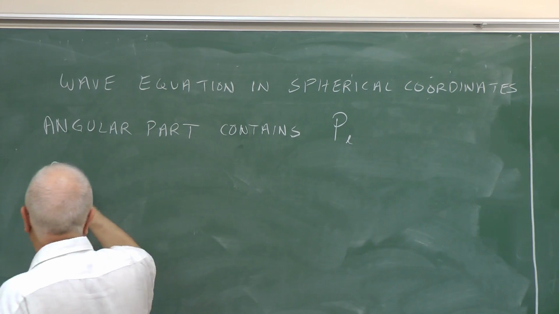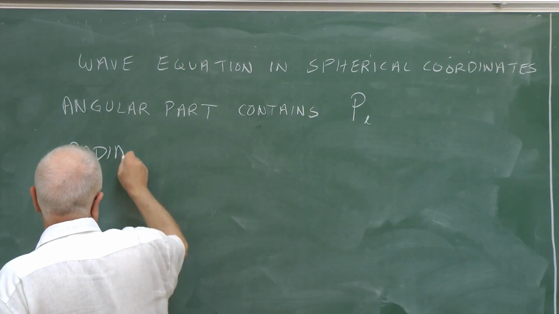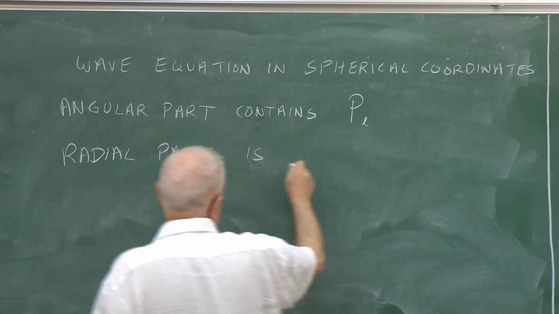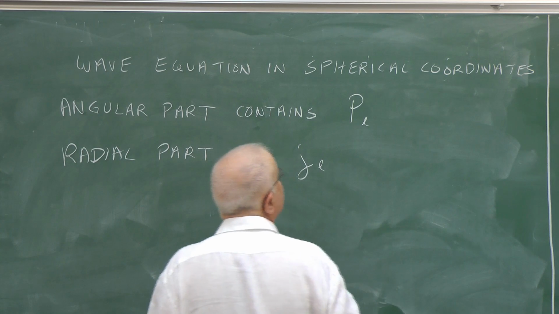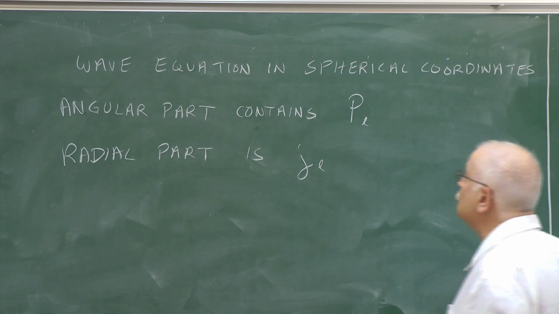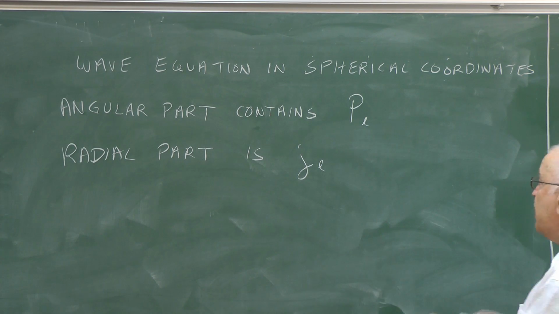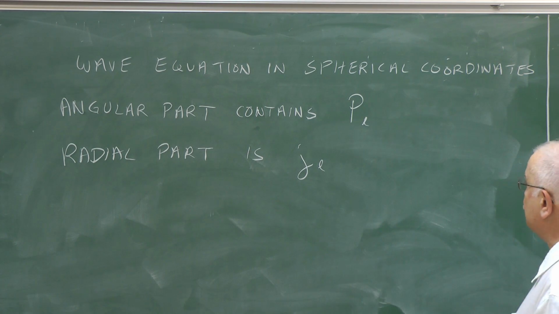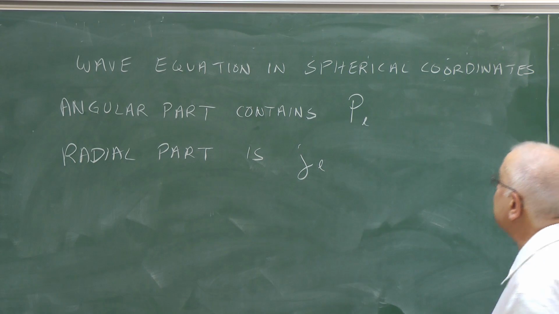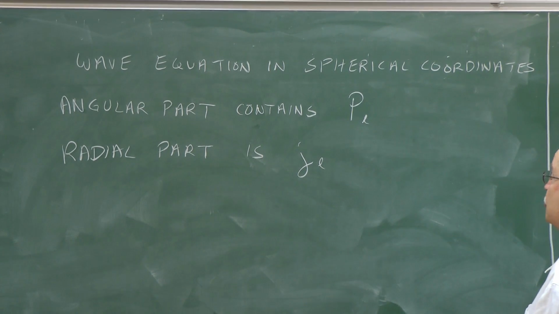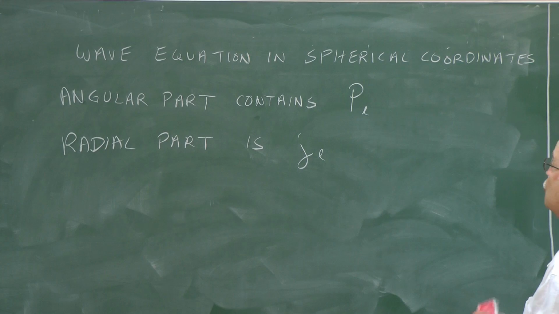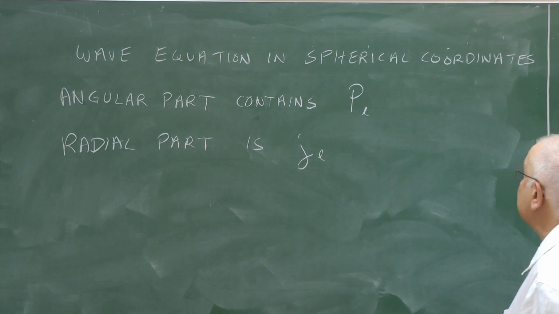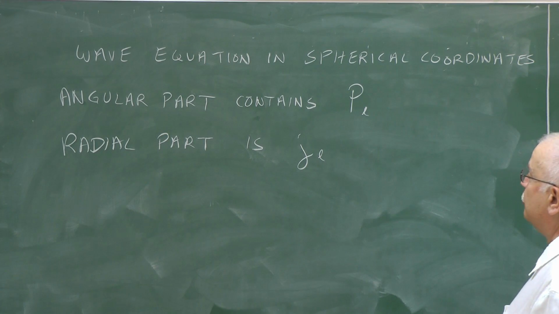The radial part is J_L. So in the same partial differential equation in 3 dimensions, I have these things that are the solutions of 2 differential equations that are related to each other by a canonical transformation.